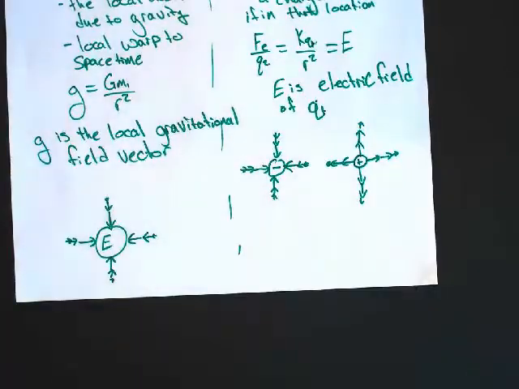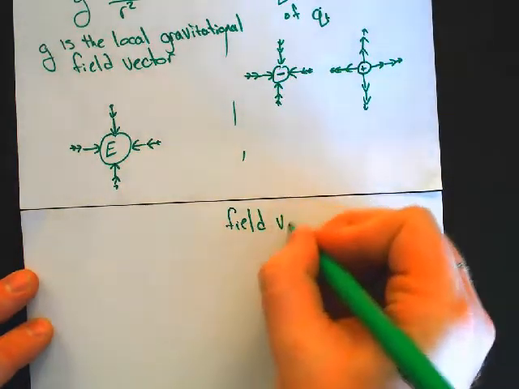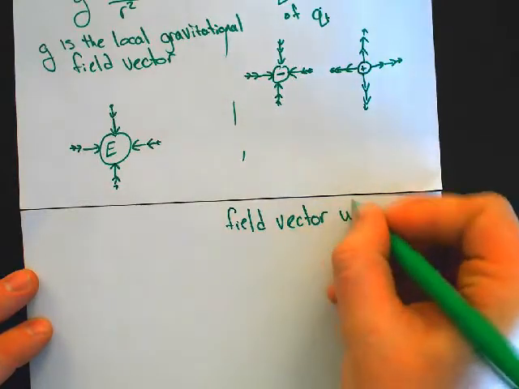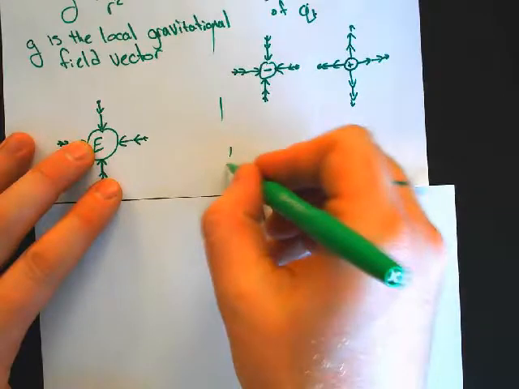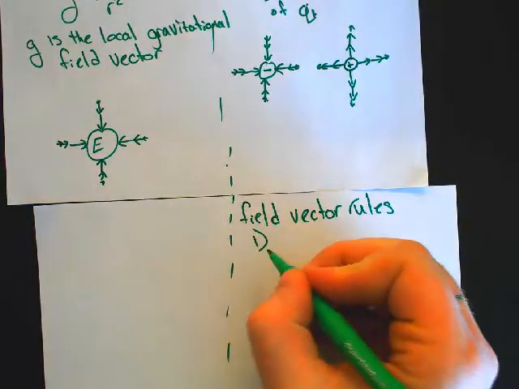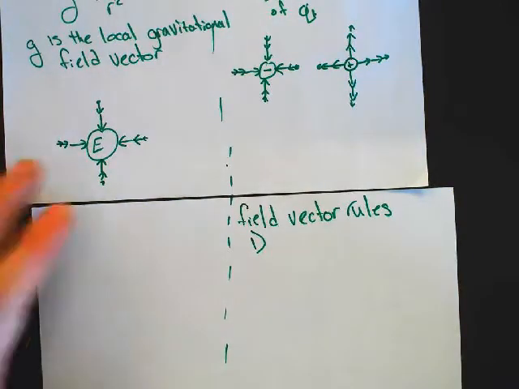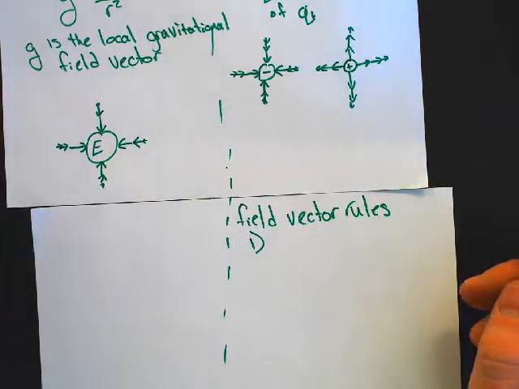There are a few rules for drawing field vectors. Field vector rules. They're very similar to gravity, with a slight difference.